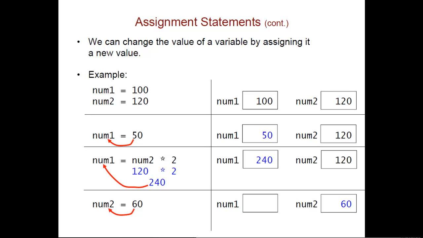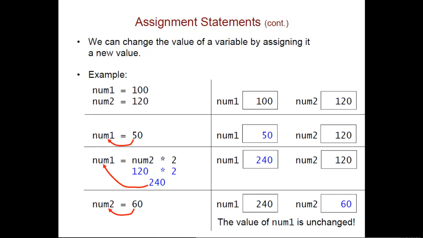And the question is, what is the value of num1 at this point? And it turns out that it has not changed. It is still 240. So even though we set up here that num1 was assigned the value of num2 times 2, that did not create a permanent relationship between those two variables.